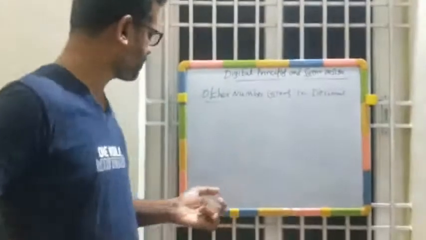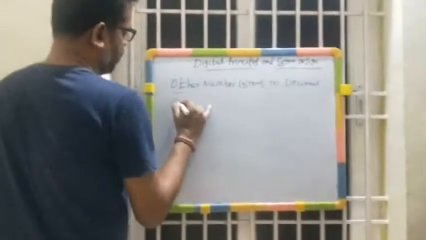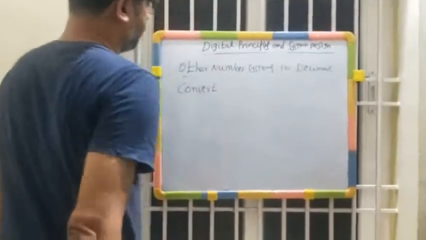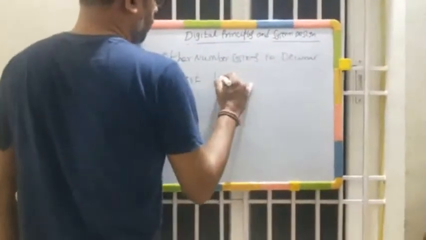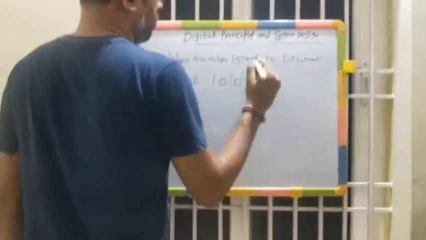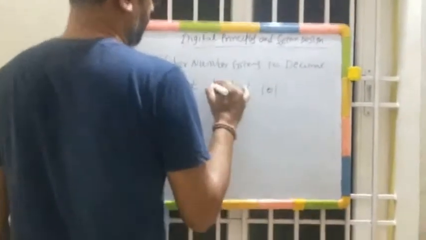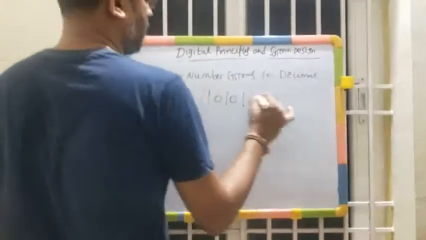First we'll try to convert 10101.101 base 2.